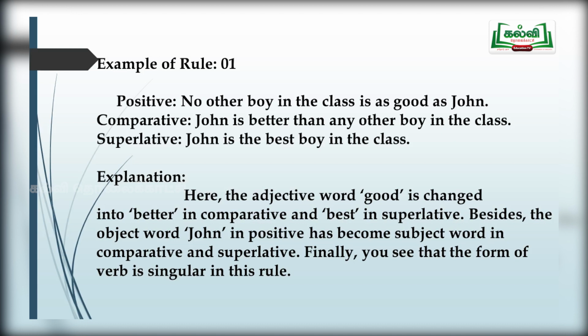When this sentence is changed into comparative degree, we have to start it with the subject, isn't it? Remember, in the first part of the example, the positive degree starts with no other.